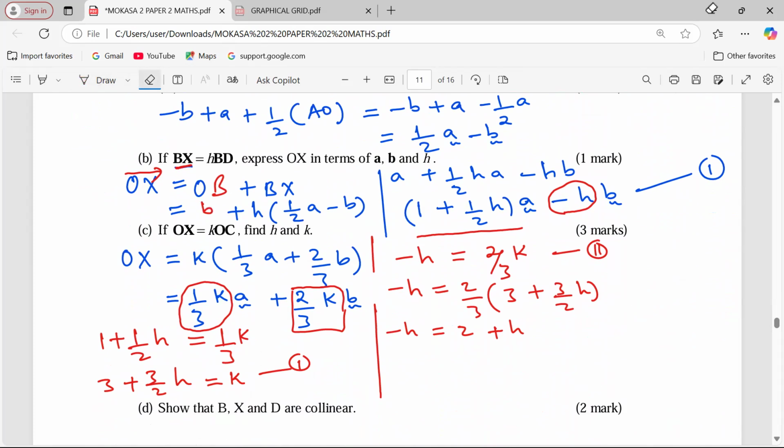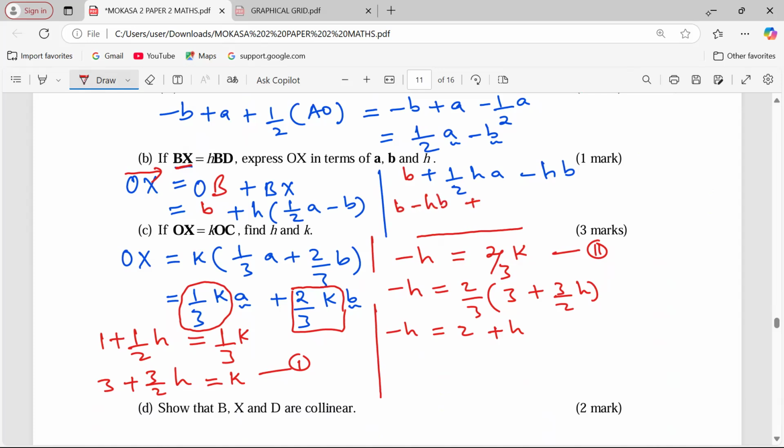So we should be having B at this point, so that what is being grouped together here now is the vectors with B. The vectors with B is what we are grouping together, such that we have B minus HB, then plus half HA.